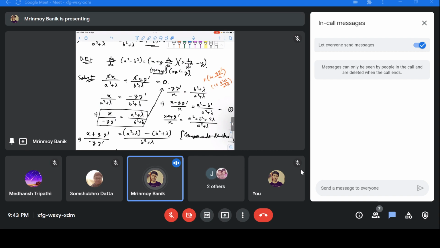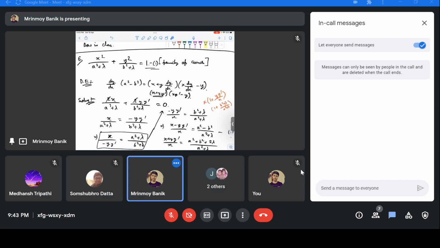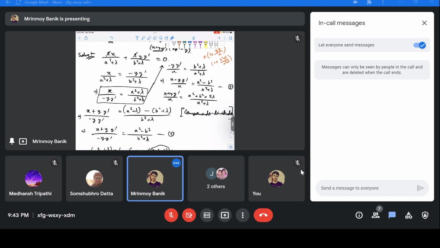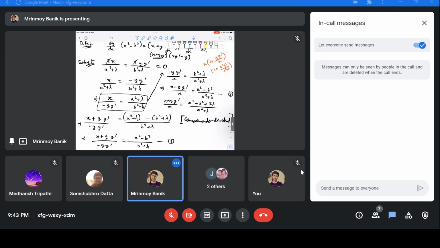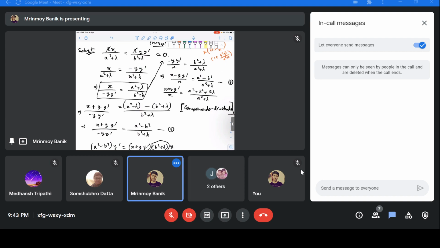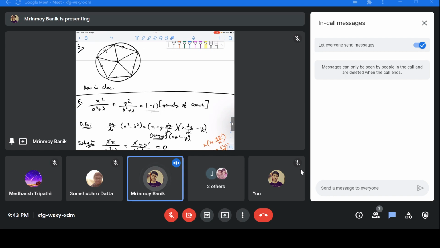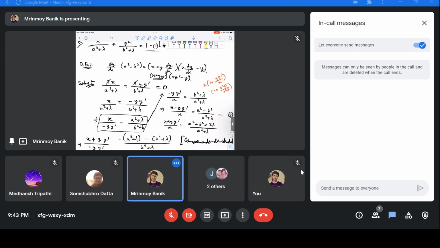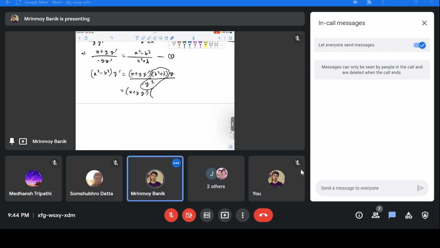Since we anyway need a differential equation, what do we need out here? x y dashed minus y. x y dashed minus y.